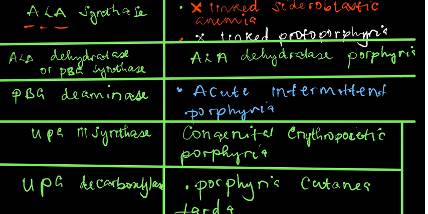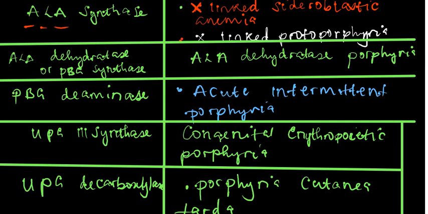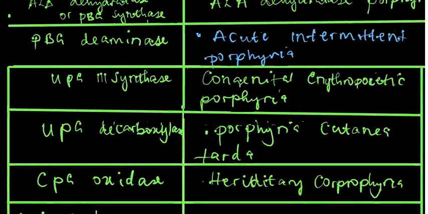The next is UPG III synthase, and this results in congenital erythropoietic porphyria. So these porphyrias are very easy to learn, and they should be at your fingertips as you watch this video, study your notes or take down your notes. Make sure you know the names and what enzyme is being affected.